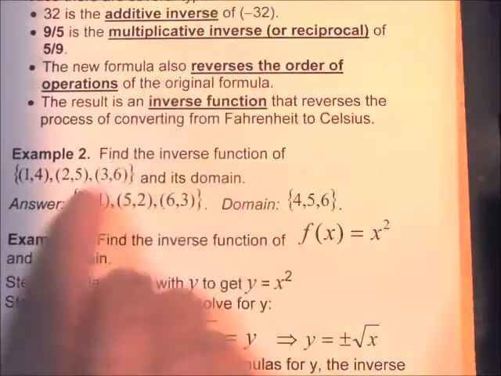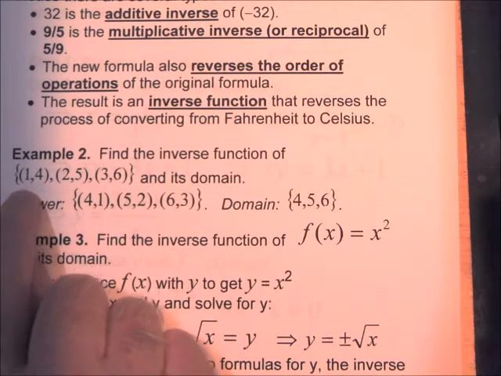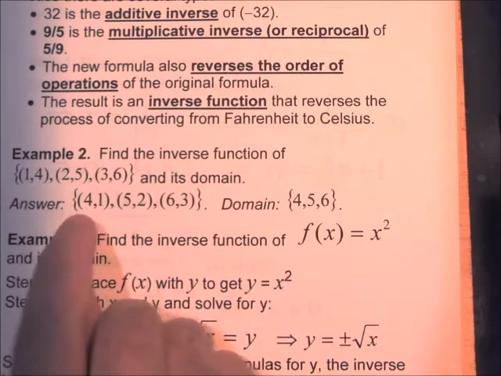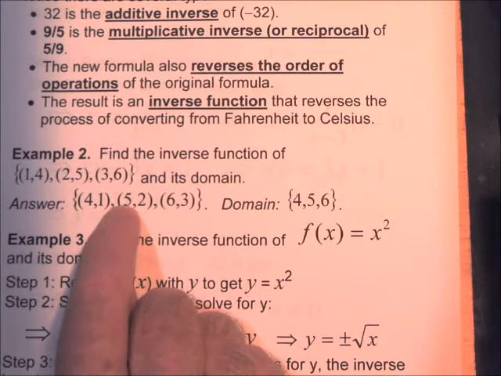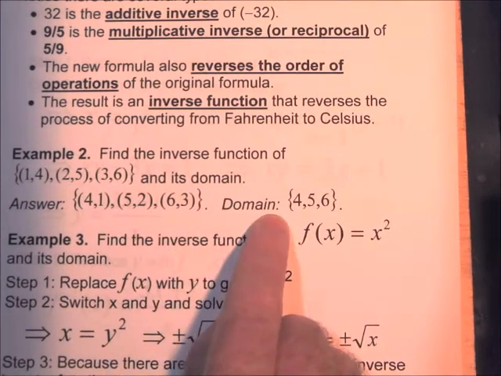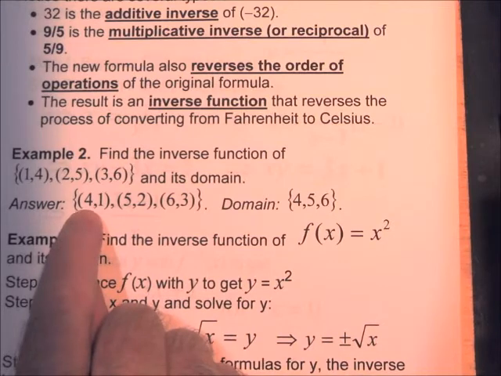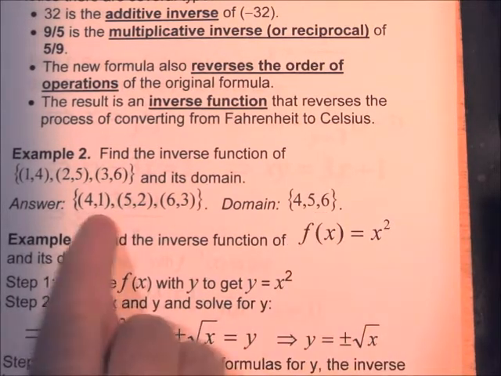In this case, we want to switch the first coordinates and the second coordinates. So instead of (1, 4) for the inverse, we'll write (4, 1). For (2, 5), we'll write (5, 2). For (3, 6), we'll write (6, 3). So the domain of the inverse is now going to be the new first coordinates, 4, 5, and 6. And this is the inverse function here.